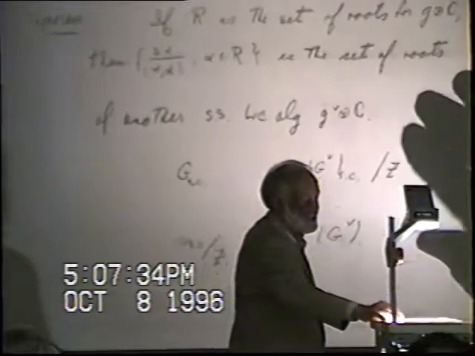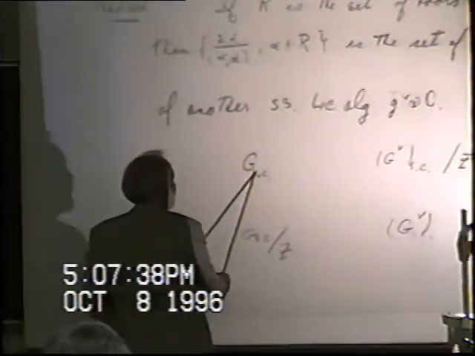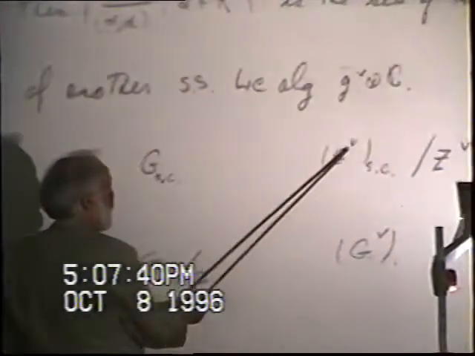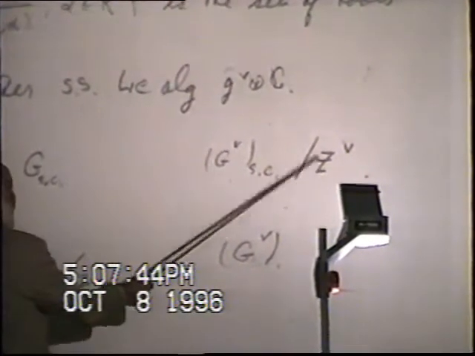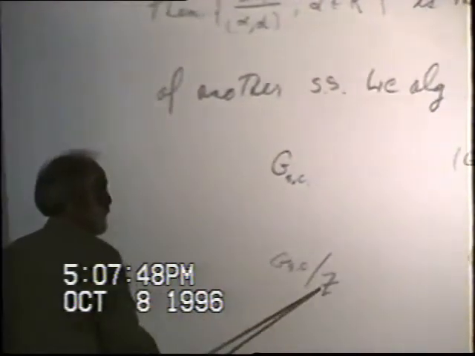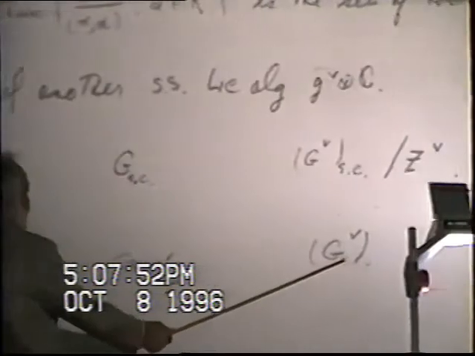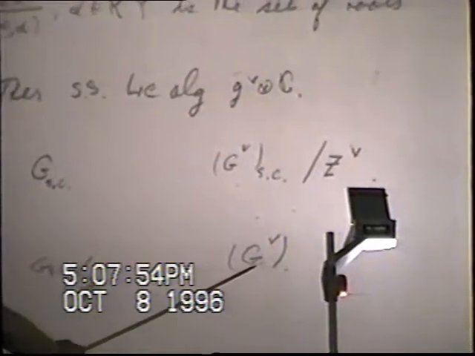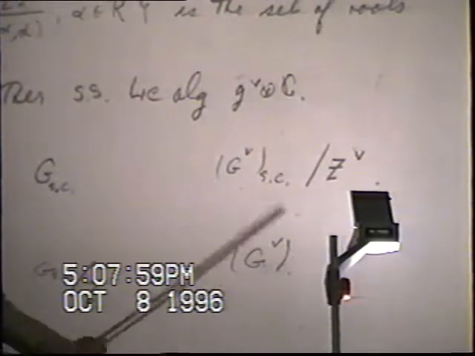And what happens is that if you took the simply connected G, you'll get the corresponding simply connected group of the dual divided by the center of the dual. If you started with one with no center, the simply connected group divided by the center, then its dual will simply be the simply connected group.